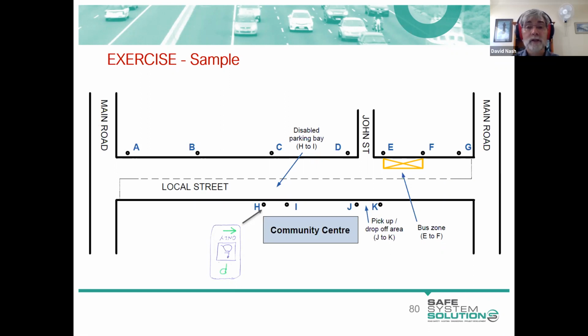So you actually need to turn the piece of paper through 180 degrees to work out where that should go. But in order to avoid the problem of the arrow pointing in the wrong direction, it's a good idea to draw the sign in the direction that it will actually be facing on the road. So that's just an example.